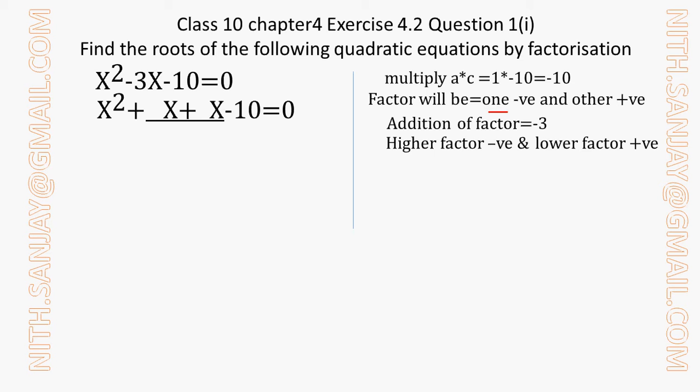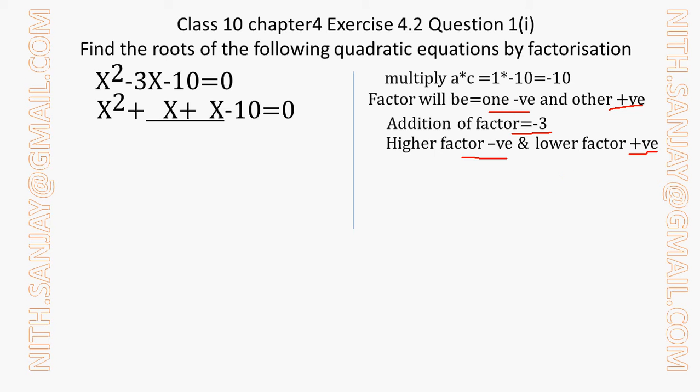It means that one factor will be negative, another will be positive. Second condition says that the addition of those two factors should be minus 3, means the addition is negative. It means that the higher number will be negative, the lower number will be positive.